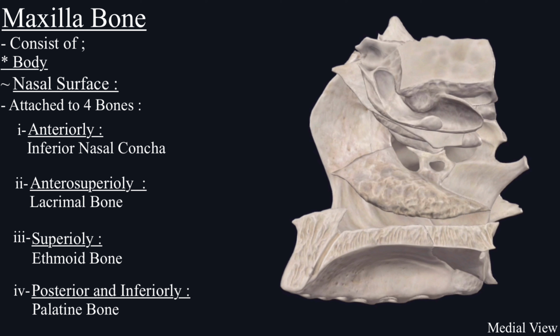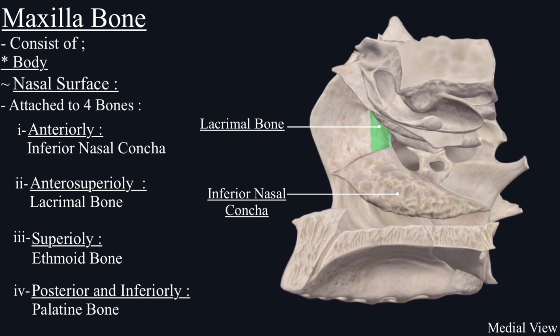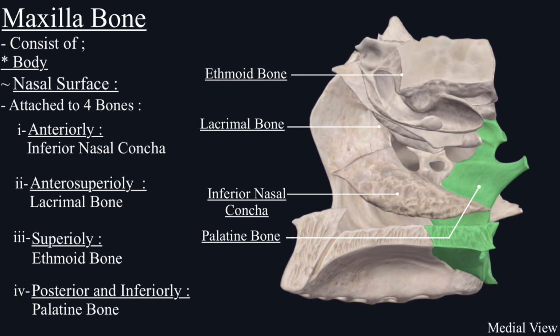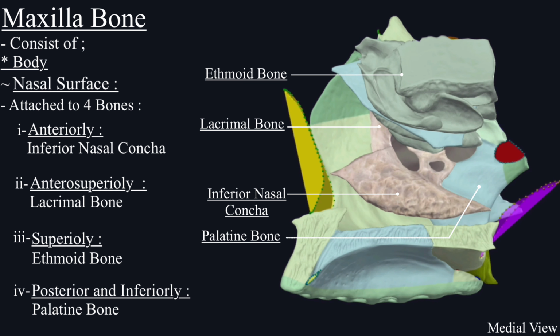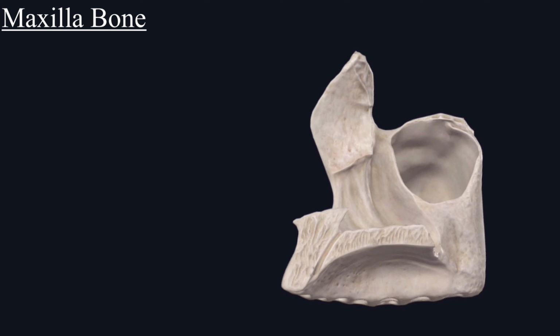The maxillary hiatus is obliterated inferiorly by the inferior nasal concha, anterior-superiorly by the lacrimal bone, superiorly by the ethmoid bone, posterior and inferiorly by palatine bone. This is maxillary hiatus that you can see when all bones are joined together. This is all about the nasal surface.